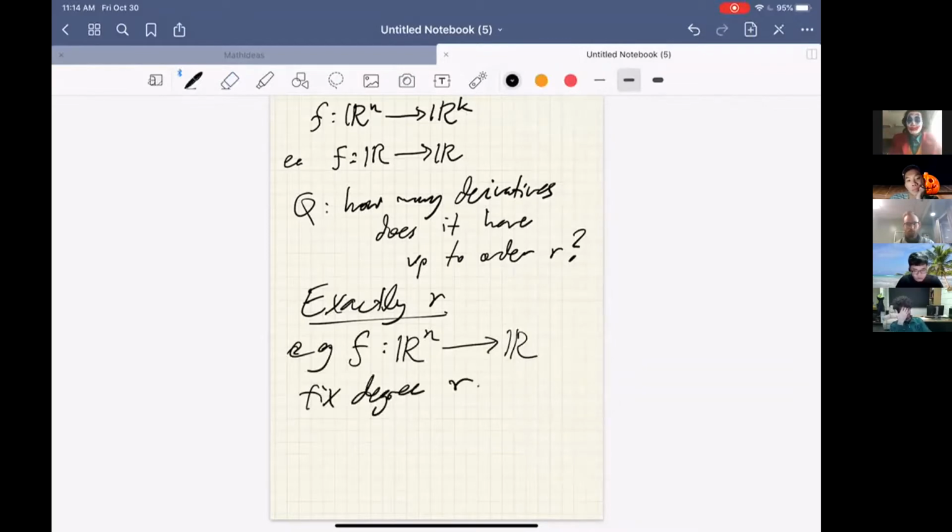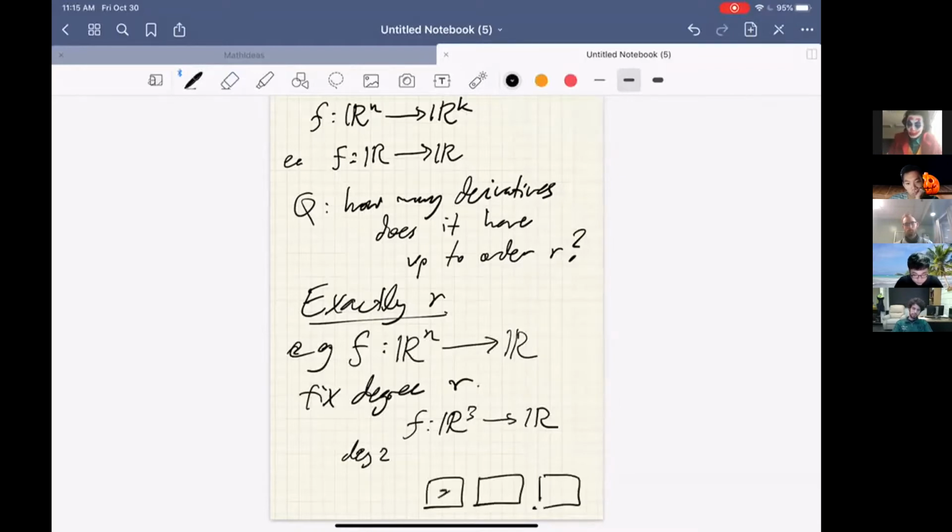A little counting is involved now. For example, if you're looking at R3 to R, let's say you want to look at degree 2. So you want to count all the second partials in the different variables. So this is like if you have 3 boxes, X, Y, Z, and you have 2 balls. Those are the degrees. You need to put the balls into the boxes. So count the number of ways you can put the balls in the boxes.